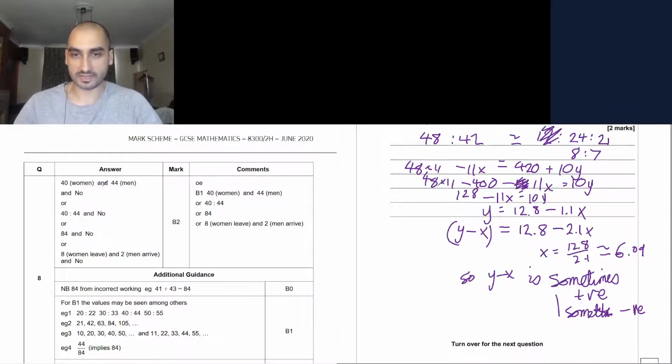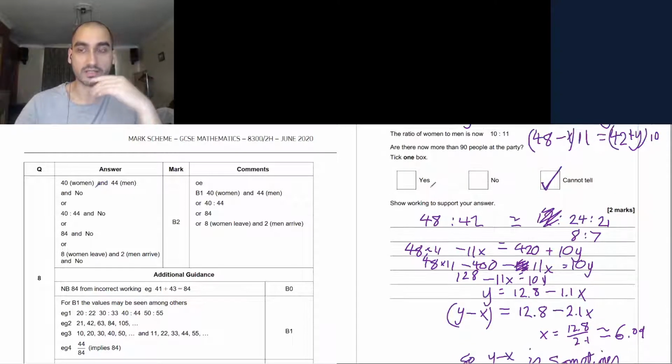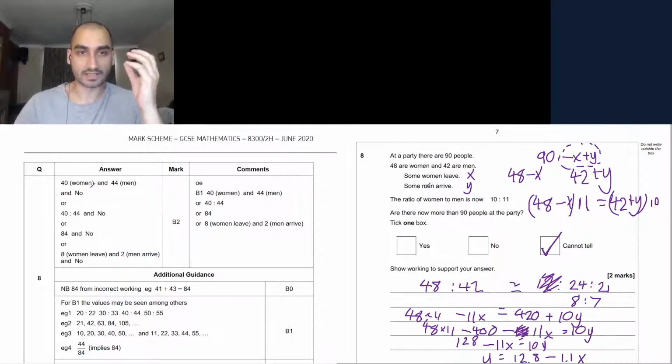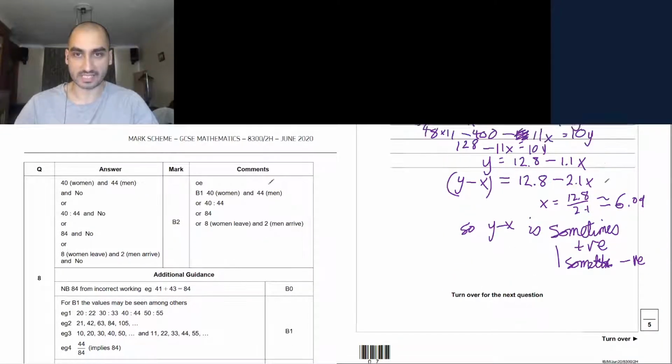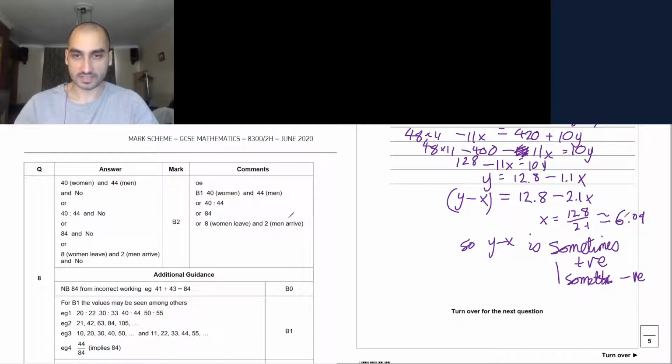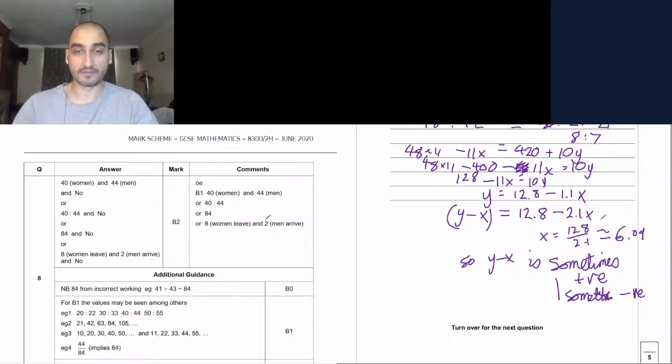I think I was not taking into account these have to be integer values, so there's actually really only one situation it can be, and that's 40 and 44. I was accounting for situations that can't actually happen because I was dealing with decimals and stuff.